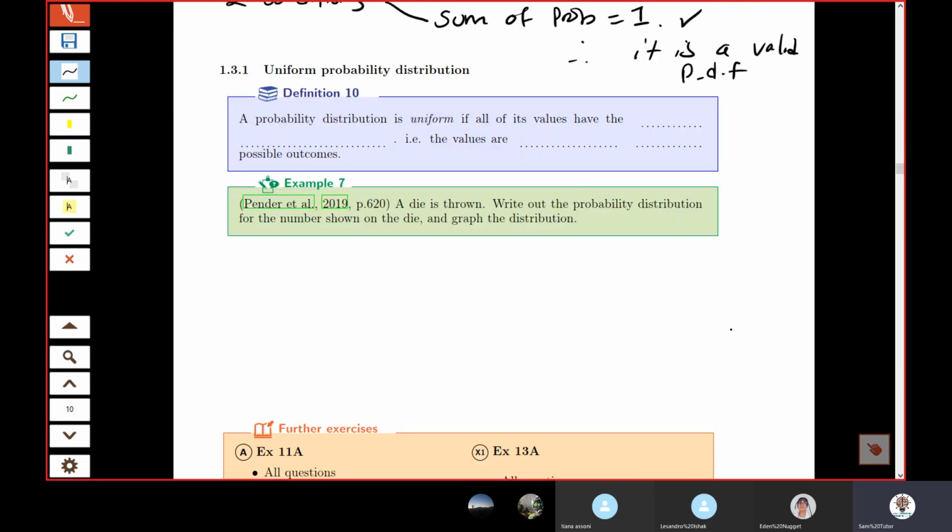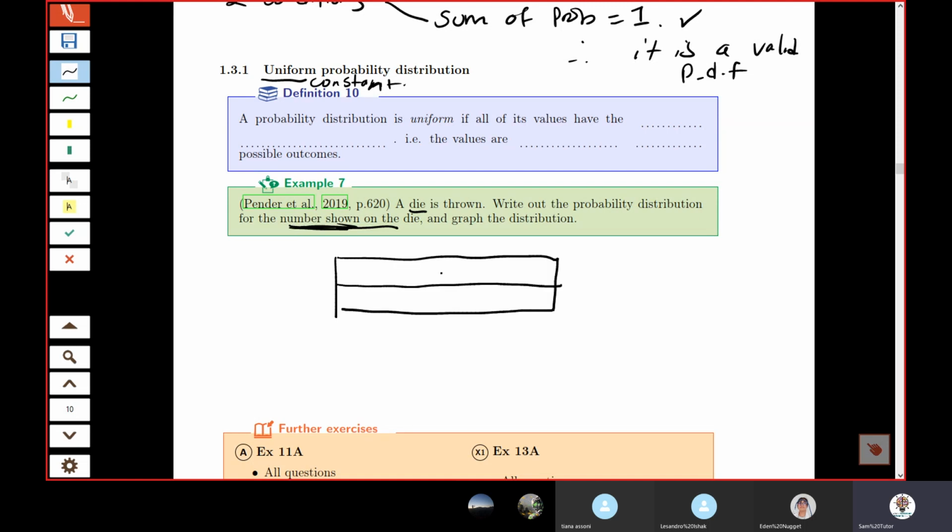All right, uniform. Uniform just means constant. So constant distribution, which is like a dice. So a die is thrown, and the probability distribution is for the number shown on the die.